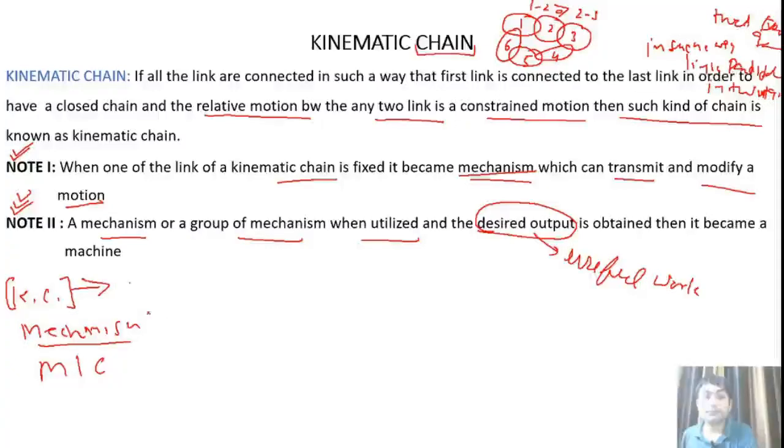Mechanism: when one link of a kinematic chain is fixed, then it becomes a mechanism. A property of a mechanism is that it can transmit as well as modify motion. Machine: when a mechanism or group of mechanisms is utilized to obtain useful work, then it becomes a machine.